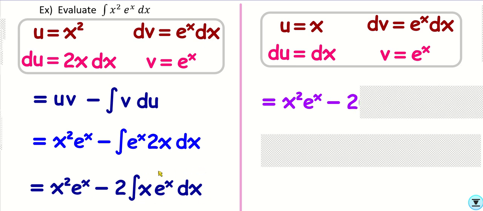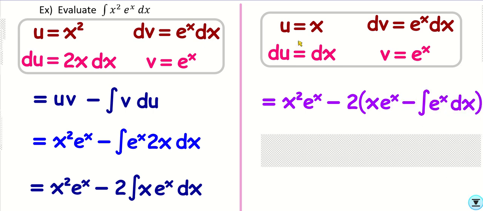And this itself is going to be its own uv minus the integral of v du. So it's like a nested integration by parts within integration by parts. This part right here is getting replaced with, from up here, uv minus the integral of v du.